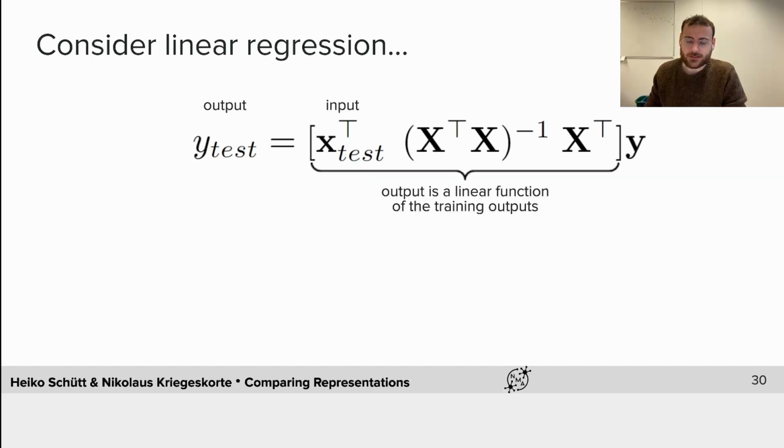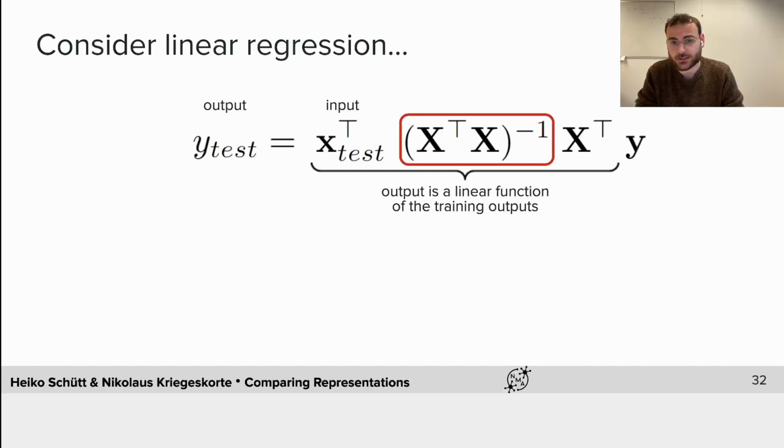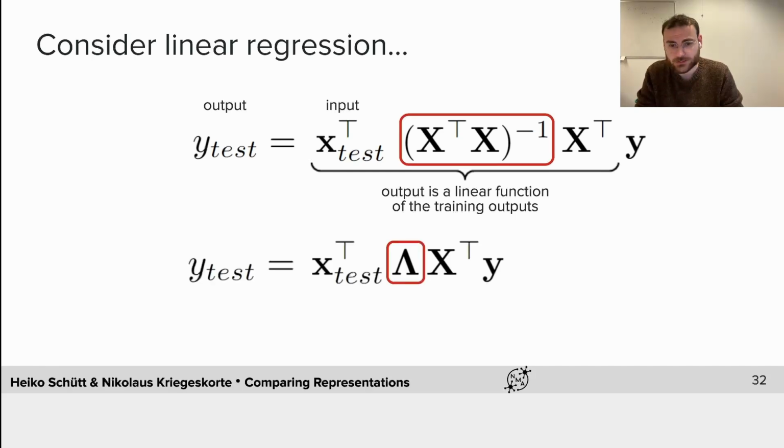Thinking of this X transpose X as a kind of covariance formula, we can call this inverse here a precision matrix lambda, which simplifies the formula. And then we can see that this is indeed an inner product, right? So this is X transpose, a positive definite matrix, times X, which is a form called inner product. And that is a form of similarity.